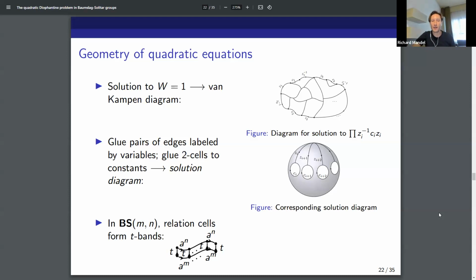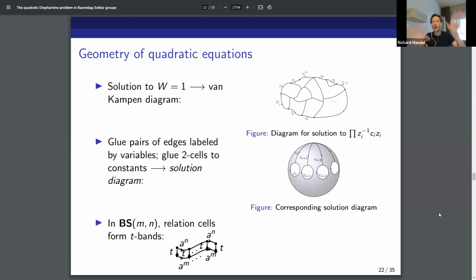Since we're working in Baumslag-Solitar groups, in particular BS(n, ±n), but in any arbitrary Baumslag-Solitar group, the relation cells, of which there's only one relation, look like this band. This is several cells joined together, and we call them T-bands. This terminology is used in any HNN extension.